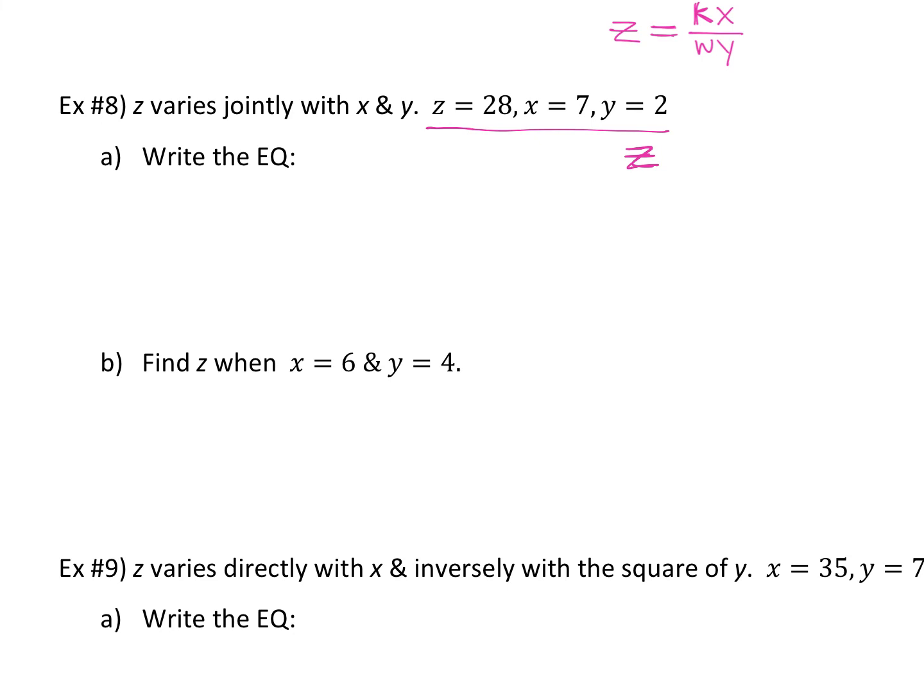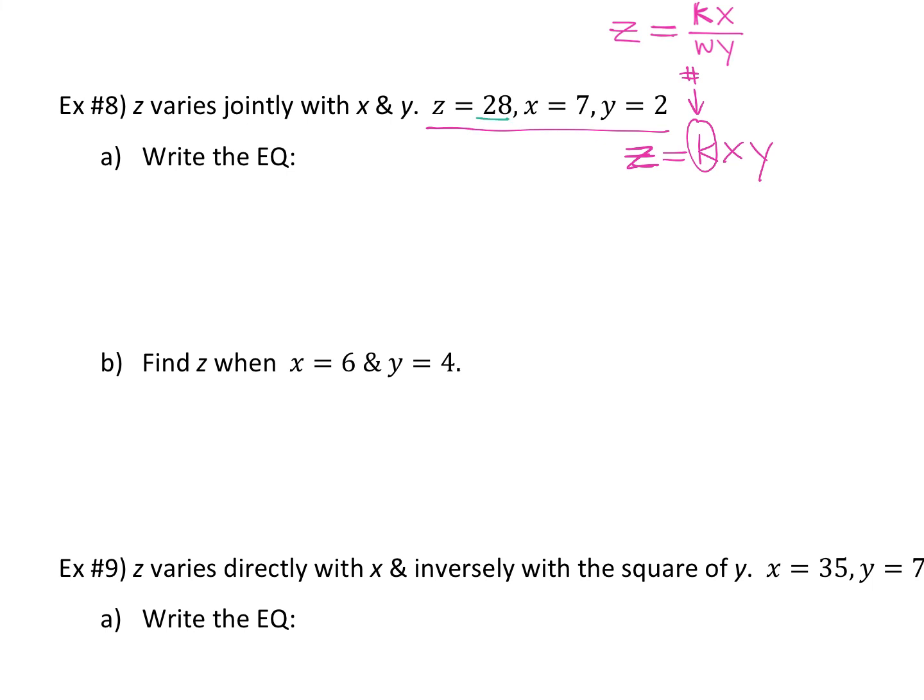So z varies jointly with x and y would be what if we kept k in it? Kxy. Okay. What you need to do is write an equation where we drop a number in just for k. But to do that, you have to drop in the z, the x, and the y so we can solve for k.